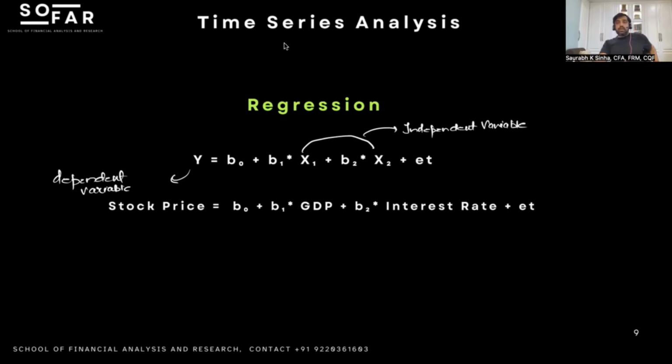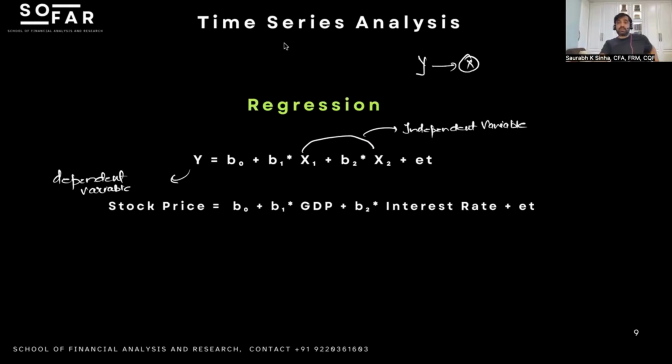Actually, Y is dependent upon X, but X has no intuition about Y, as in X is not worried about Y. And that's why it is an independent variable. So we are talking about, can I predict Y with the help of X?